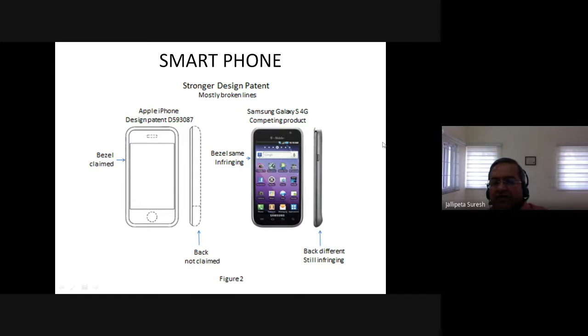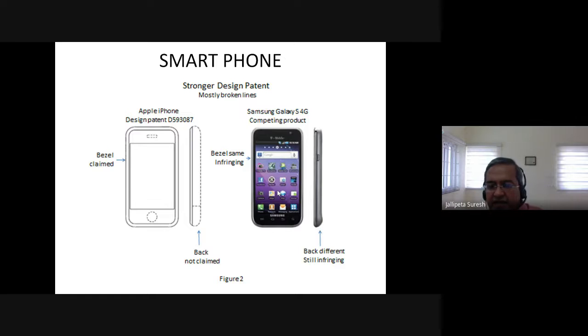They also have a grid of icons, for which Apple also had a design patent. Now, when Apple sued Samsung, they sued for about $1 billion in damages. And the fight went on for many years.